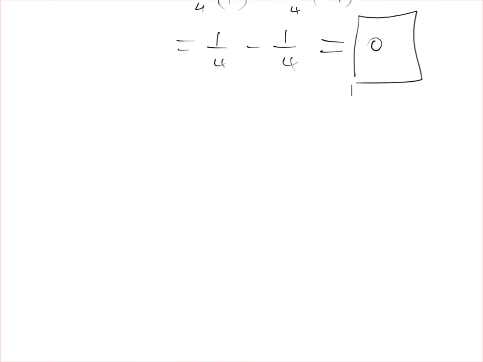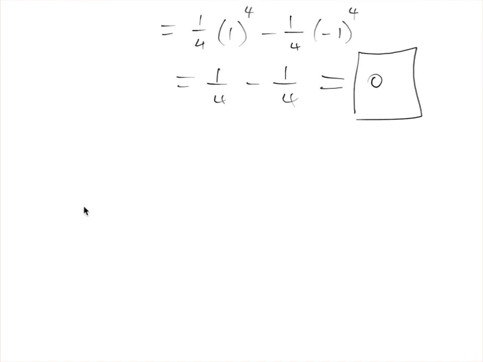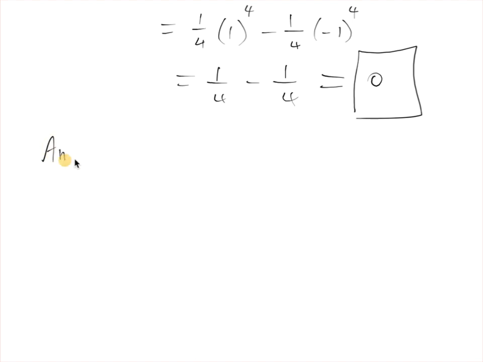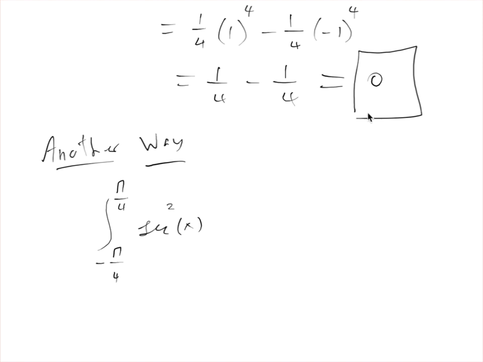I need more space. Okay, so this is another way. Let me start with that integral. Let's say we don't check for symmetry and we don't find the answer. This is something in general you can do.